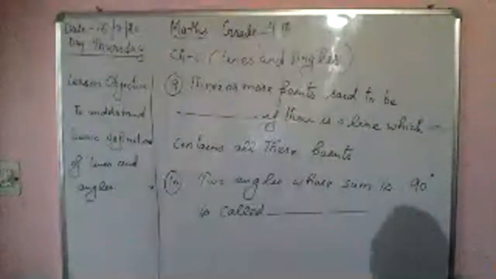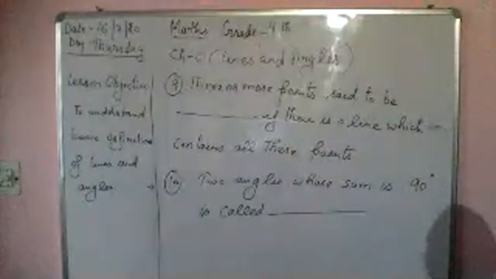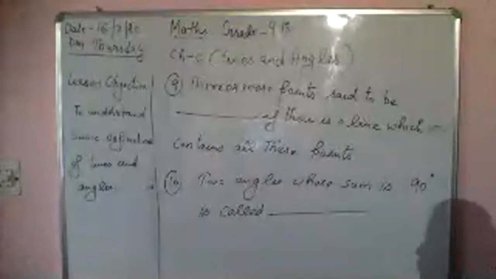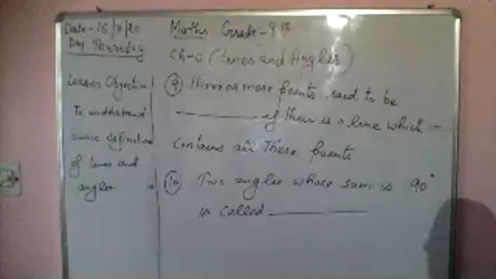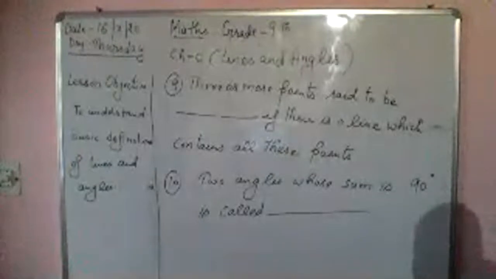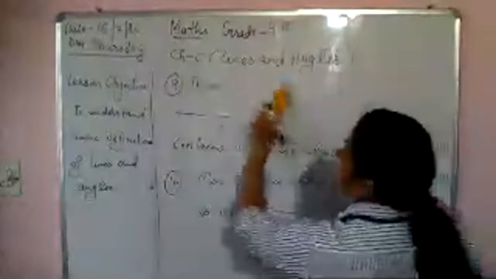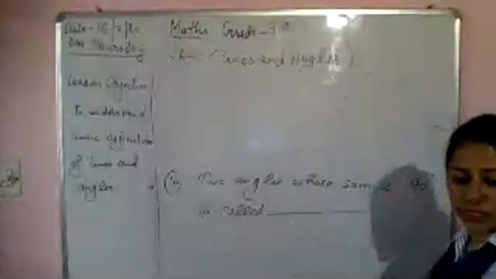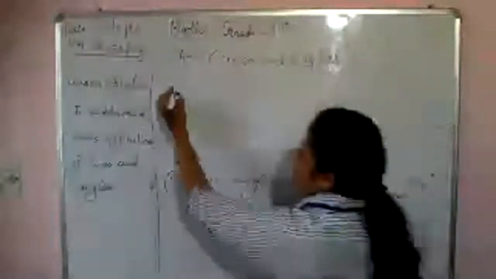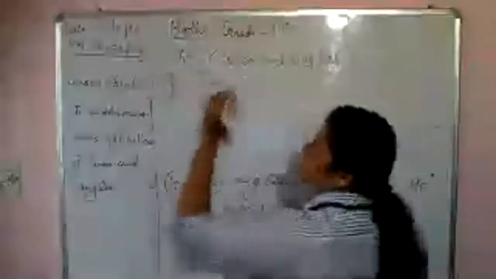Your ninth question is three or more points are said to be dash if there is a line which contains all these points. Your 10th question, two angles whose sum is 90 degree is called dash. Okay? I'm writing the next one. I will be covering all your definition part in these questions.